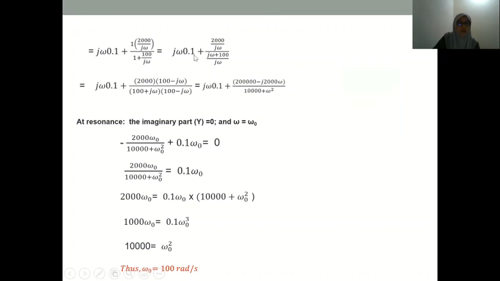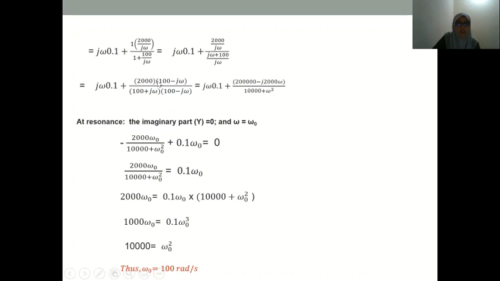From here you go for the cross multiplication. So this is 2000 divided by 100 plus j omega, from the simplification.